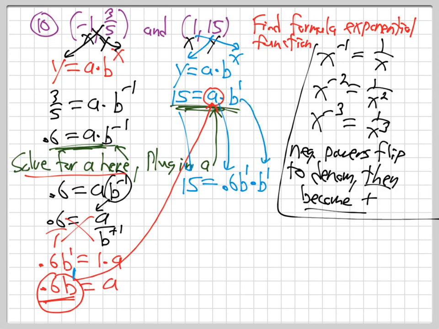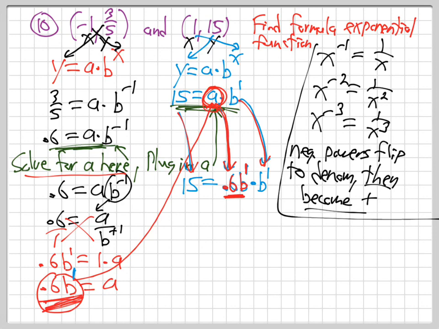Let me change the color. That might make it more obvious. This is our 0.6b to the 1 that was a. You see that? So the 15 still in the front, the b to the 1 still in the back, but right where a was, we now have 0.6b to the 1 because a is 0.6b to the 1.